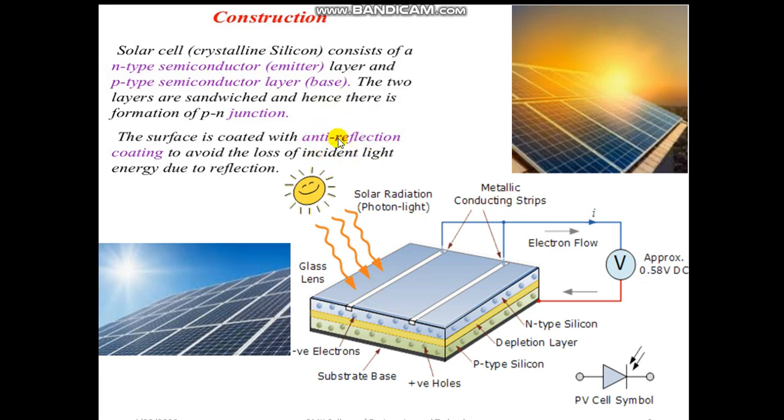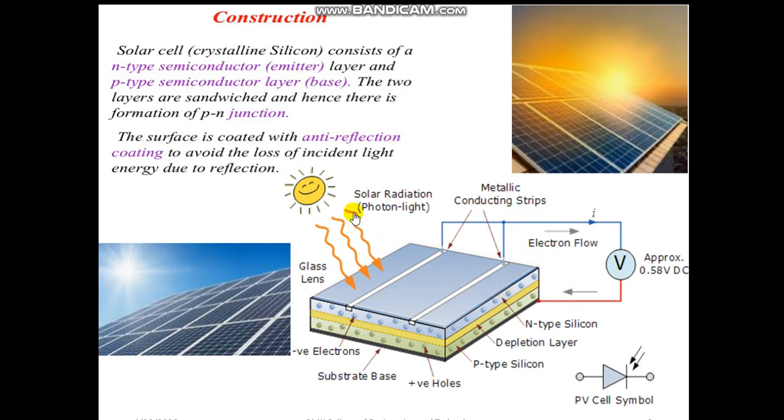It is used to avoid the loss of incident light, because once the solar light passes over this coating, it avoids reflecting back to free space. And these two white lines are the metallic coating. Through the metallic coating the electrons will pass, and hence the current will be produced.